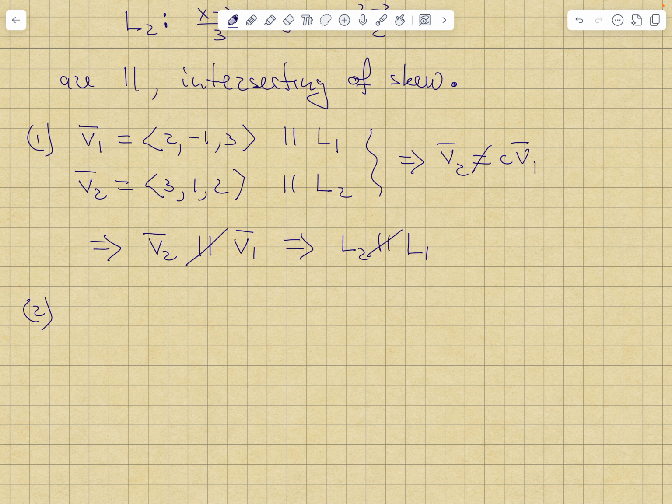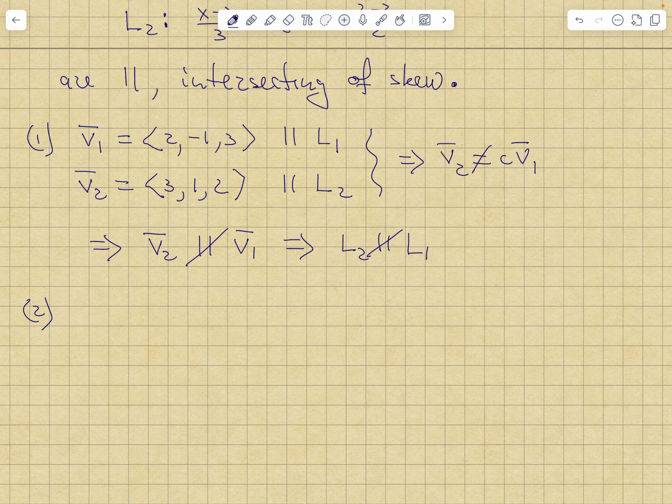If I take a particle that travels along one line, at some point it will pass through that common point. And if I take another particle that travels along the line L2, it will pass the common point, but they don't have to do it at the same time.